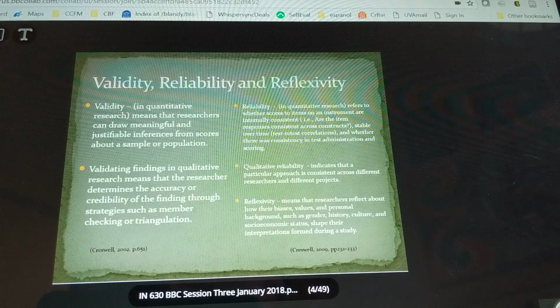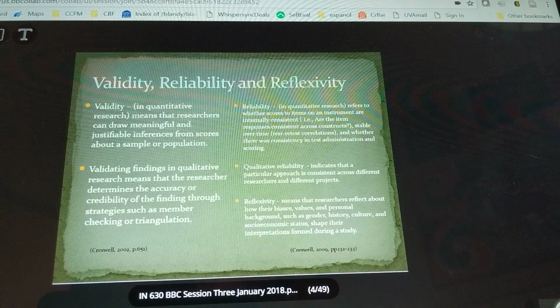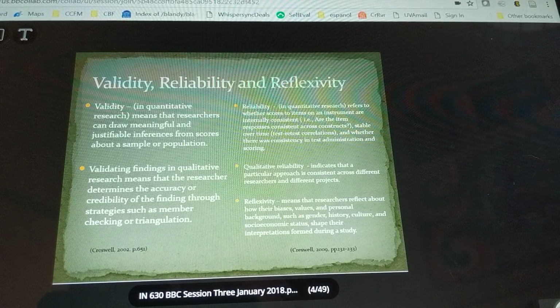Now, on the right side of this slide, reliability in quantitative research refers to whether scores or items on an instrument that you're using are internally consistent. Are the items' responses consistent across all constructs? So in other words, do people understand what you're saying?